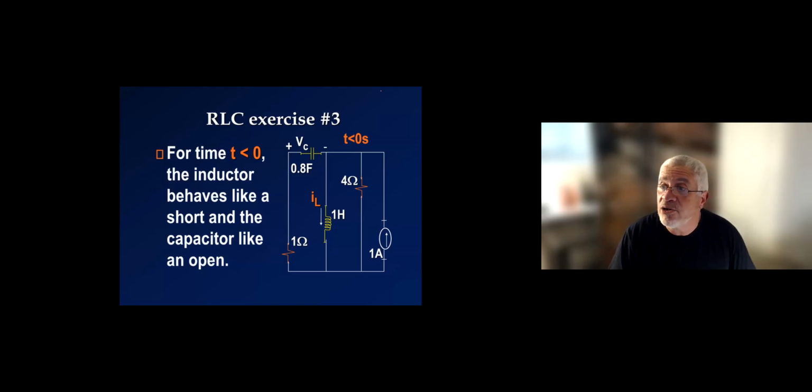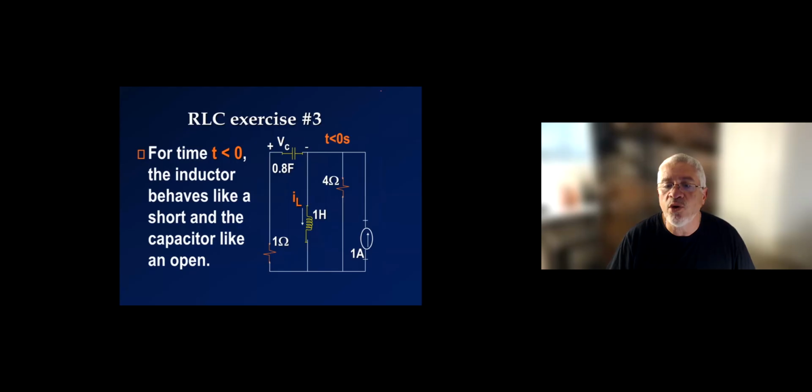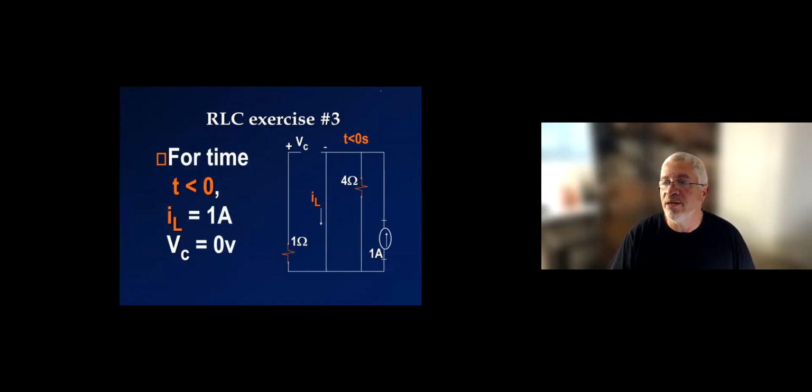Similarly, when the inductor is in a circuit that has a constant source for a very, very long time, as in the situation here, the inductor behaves like a short circuit. So the circuit we're actually solving for t less than 0 second can be represented by this, with the capacitor behaving like an open and the inductor behaving like a short circuit.